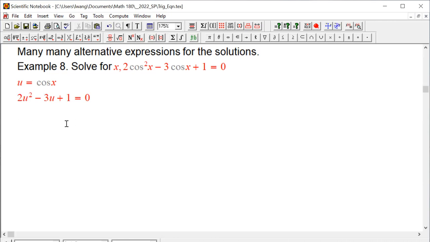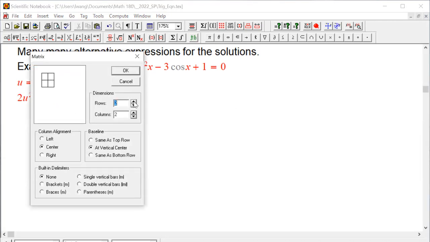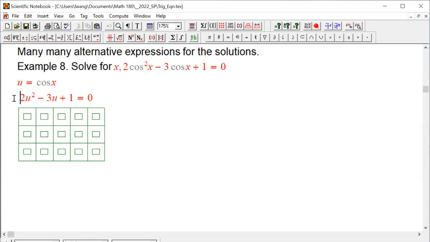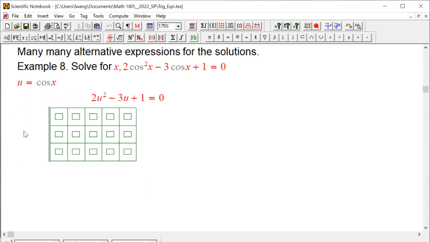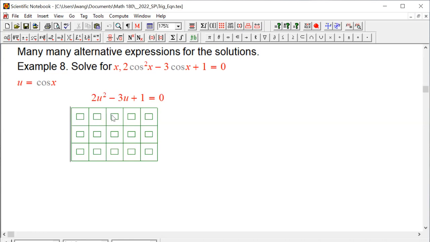Okay, so let's factor this. I'm just going to review the form that we use to factor, right? We have a couple of columns. I'm going to move this to the center a little bit. So 2 equals 1 times 2, and 1 equals -1 times -1, and then the cross multiplication.